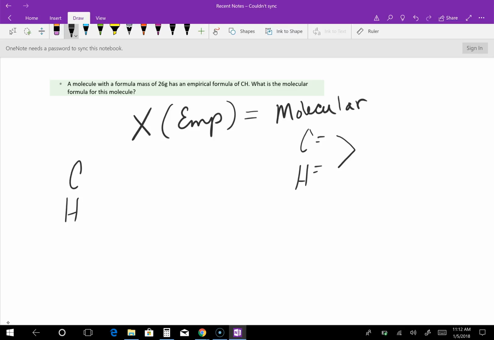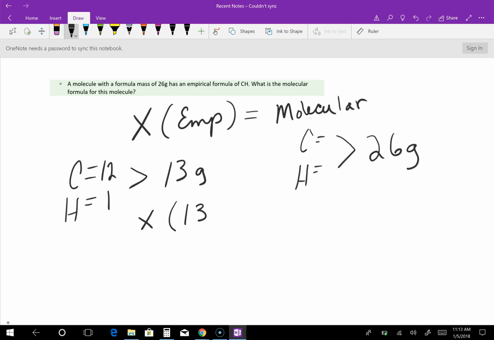We were given that the molecular formula had a mass of 26 grams, and we can calculate C and H using the periodic table to be 12 and 1 respectively. We know that there's one carbon for 12 and there's one hydrogen for 1. So our empirical formula is 13 grams.